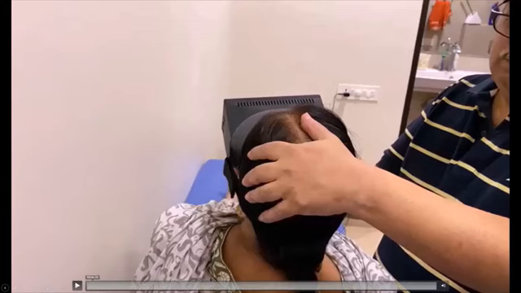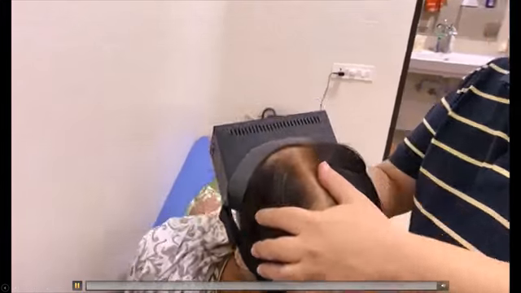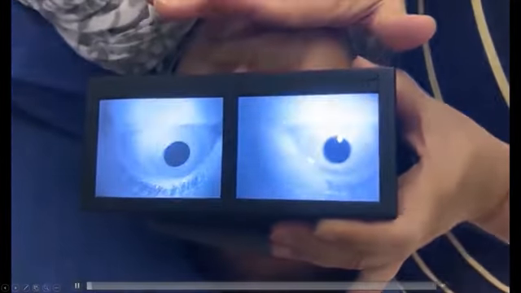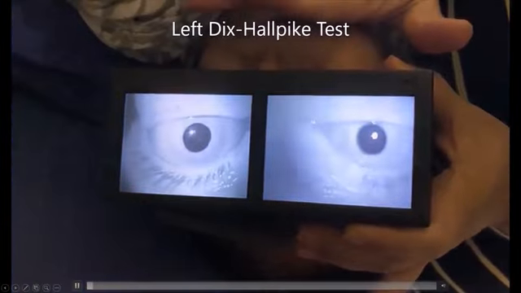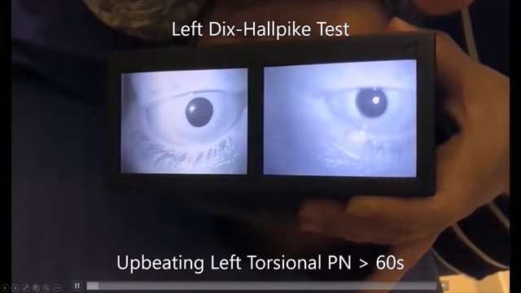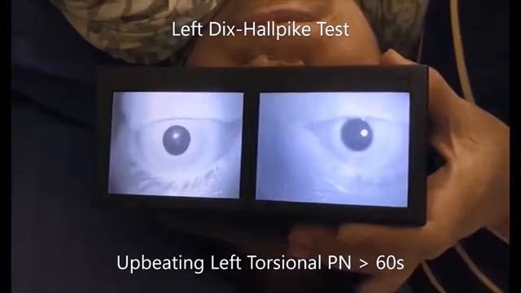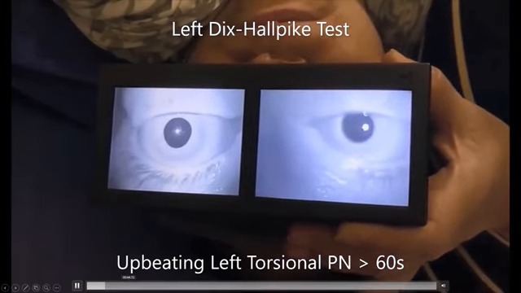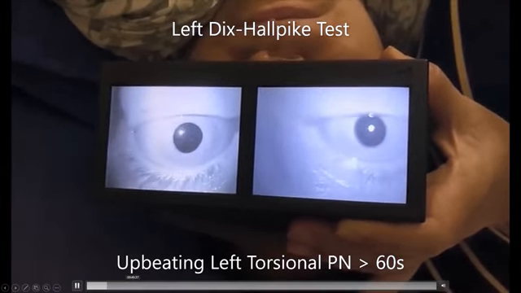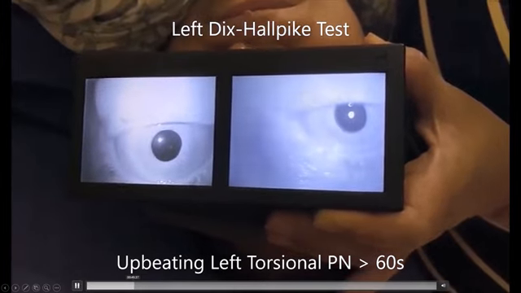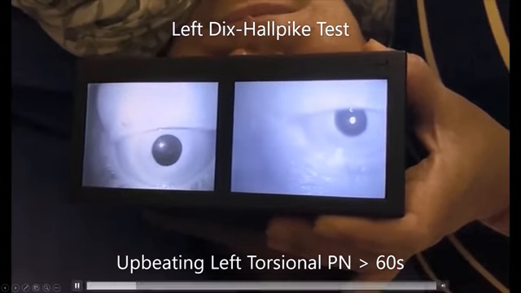This is her video. Left Dix-Hallpike test. You see an upbeating left torsional nystagmus. Scrolling it to around 50 seconds, it is still present.